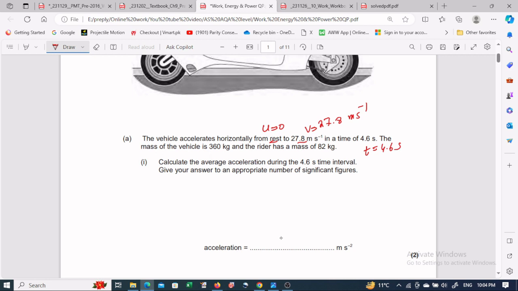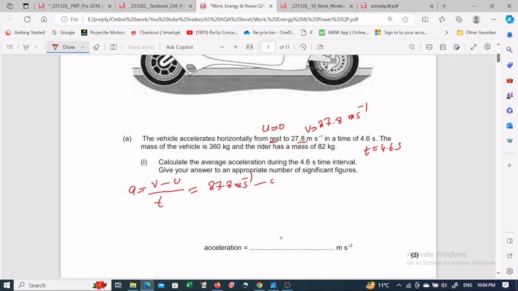In order to solve this question, first of all, we write the equation. Average acceleration is equal to change of velocity, that is final velocity minus initial velocity, divided by time taken. Final velocity is 27.8 meters per second.